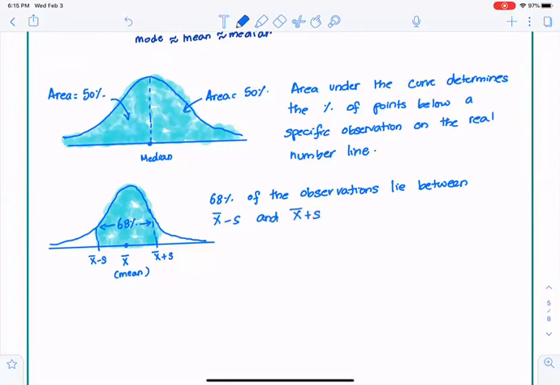So just by knowing the mean and the standard deviation, we can say what percent of data observations would lie between the first standard deviation on either side of the mean.